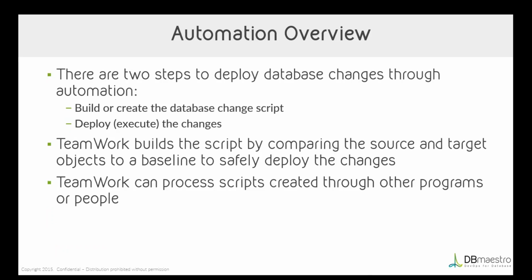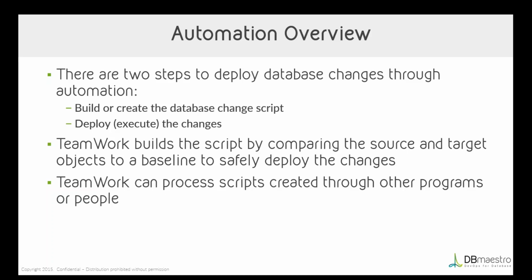So the main part of the automation is that there are two steps to get the changes moved. One step is getting the change script. You can run the build command from DBmaestro, and you have different options to run builds, or you can create your own script and then we can execute that script.